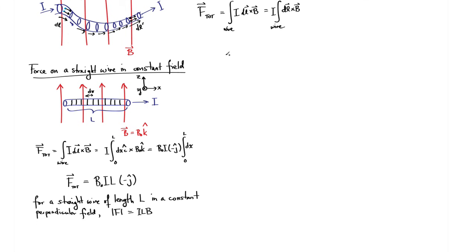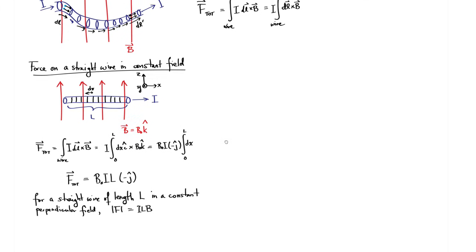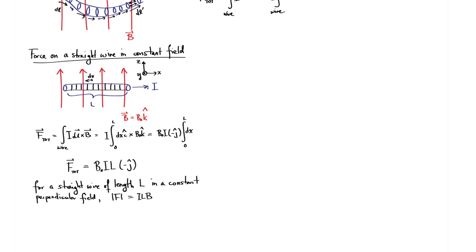I'm going to do a slightly harder one now. In your reading exercise, you're going to encounter a square loop, which is basically made up of 4 of these segments, okay? To calculate the net force on it, you want to consider the force on each one of these individual segments of wire, right?